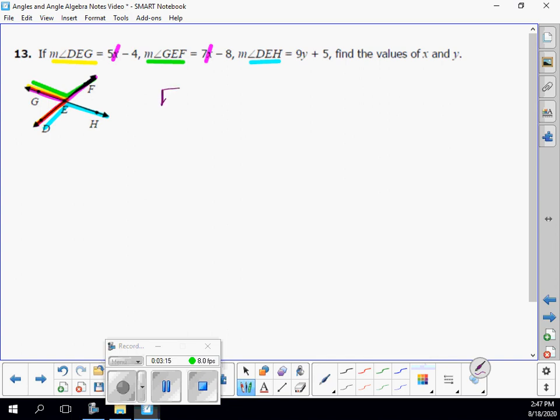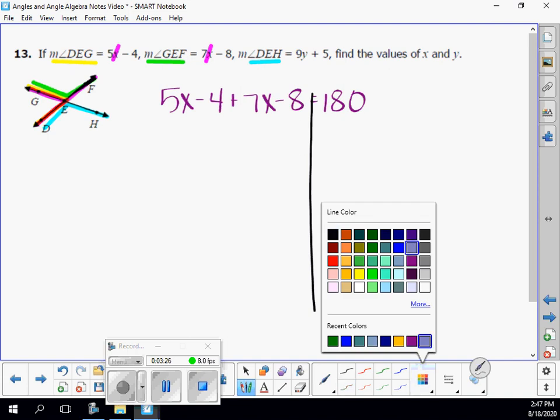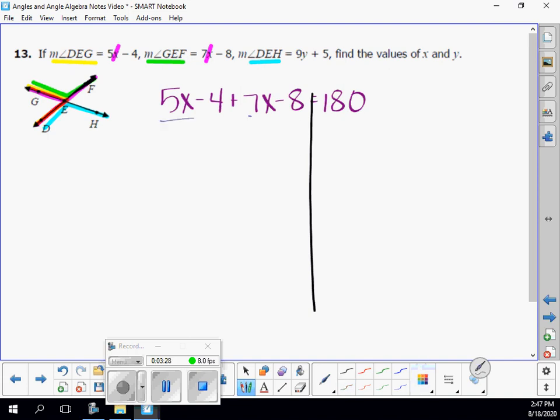So I'm going to take those two x's, I have to solve what looks alike first, and set it equal to 180. So that's very similar to what we just did. Build your wall, look for like terms. Well, I have some x's, 5 and 7 is 12. Negative 4 minus 8 is negative 12.